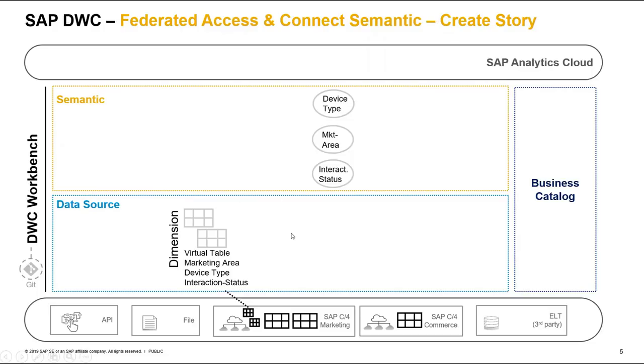Next step would be that Jane connects also to the campaign information, which will be also generated as a virtual table as a starting point. And Jane will flag this information to become a fact table of type data source. Data Warehouse Cloud automatically generates a semantic virtual object called campaign, which is also connected to the data source virtual campaign table.